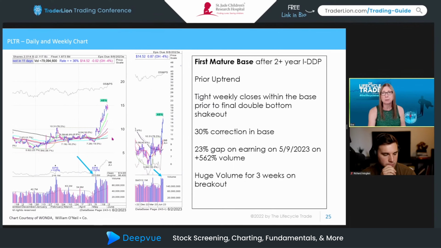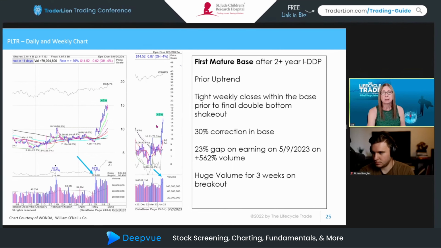First, it's on theme, which is a strong theme, artificial intelligence. And also, it stages a very strong gap on earnings. So on May 9th, it had a powerful move over 23% and a 562% gain in volume. So typically, some institutions are starting to take notice when you see that kind of accumulation.